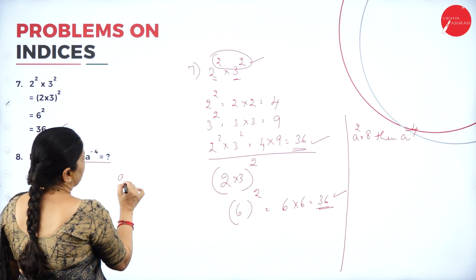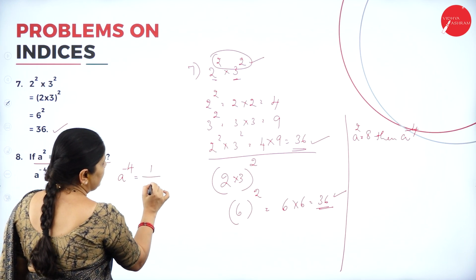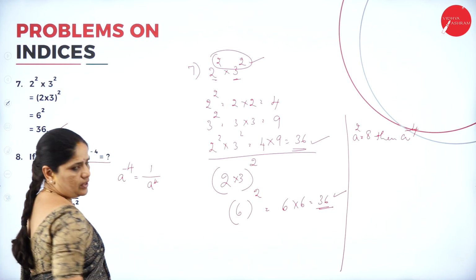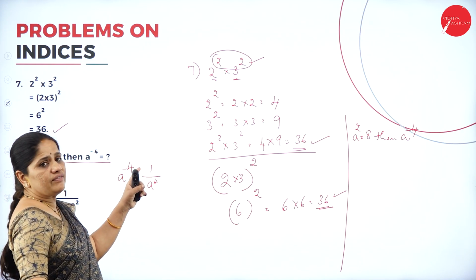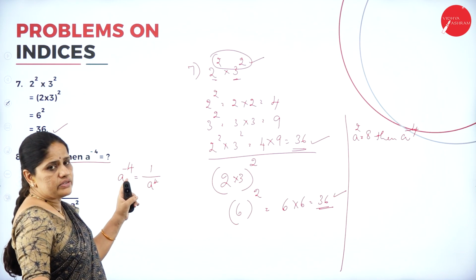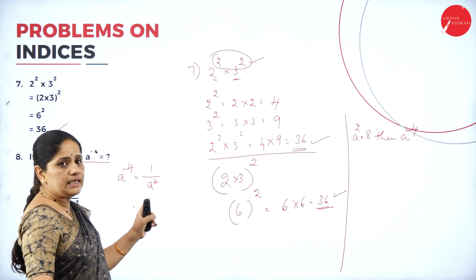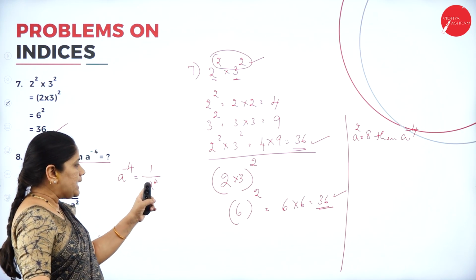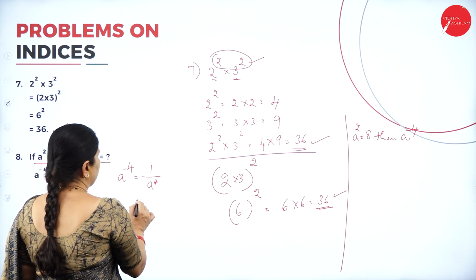Now, a to the power of minus 4 equals 1 by a to the power 4. Why 1 by a to the power 4? Because here we will be taking this negative sign. So when I don't want the negative sign, I will be writing this whole expression in the denominator. So I am writing it as 1 by a to the power 4.